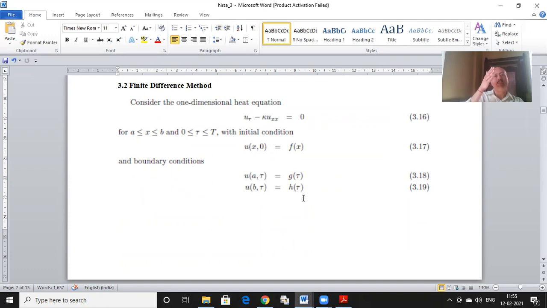So at time 0, the function is f(x), and at the upper and the lower barrier, the functions are g and h. So if we have these initial and boundary conditions, we can solve this PDE.